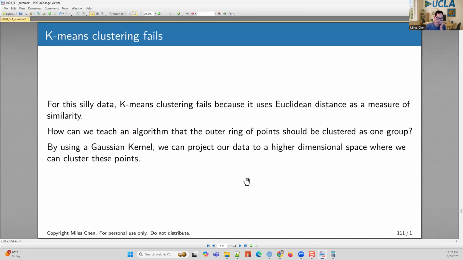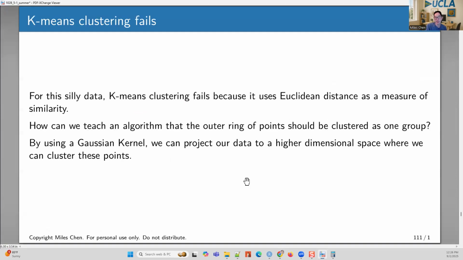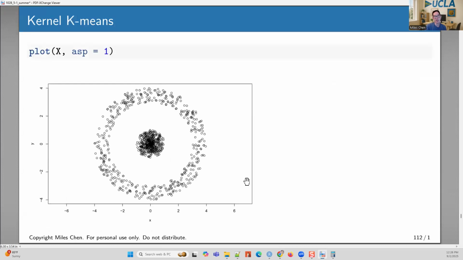But what we might try is a kernelized k-means clustering. Again, this is going to project our data into a higher dimensional space and then reassign our points.